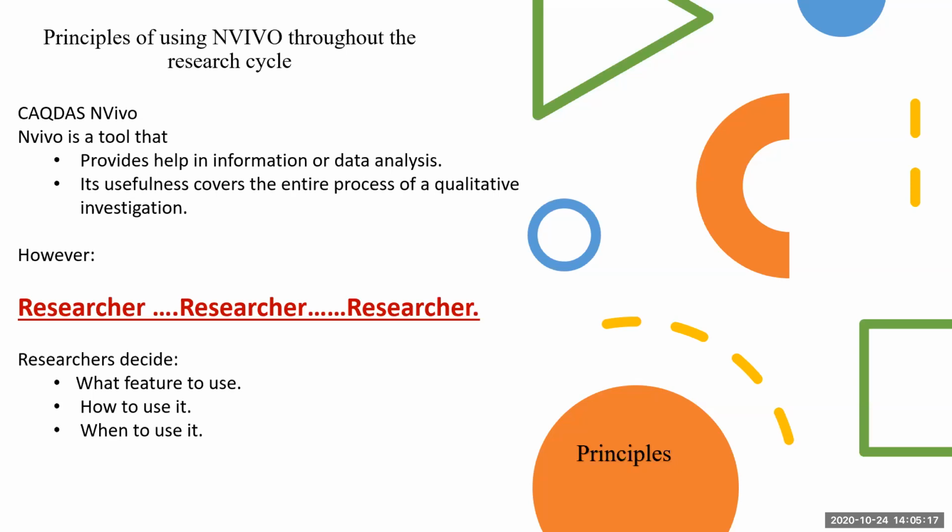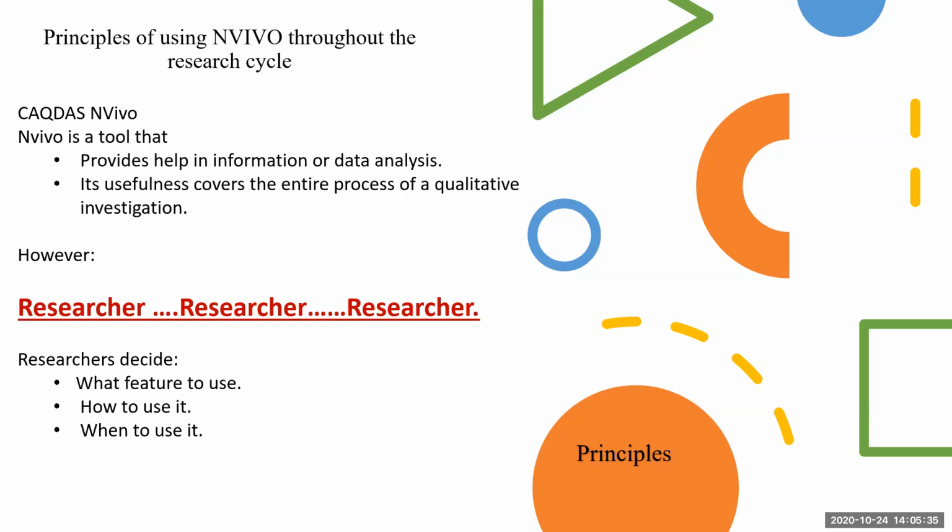But at the same time, it cannot make the decision about how we can use the data, what features to use from NVivo, and when to use these features. It is not NVivo's work, it is the researcher's.